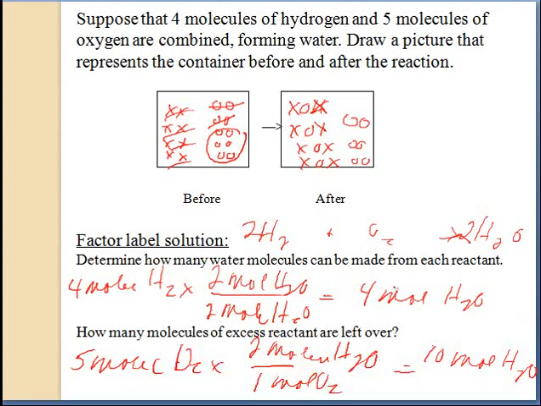So what this tells me is that the limiting reactant is the hydrogen, the excess reactant is oxygen. And the question is, how many do I have left over?